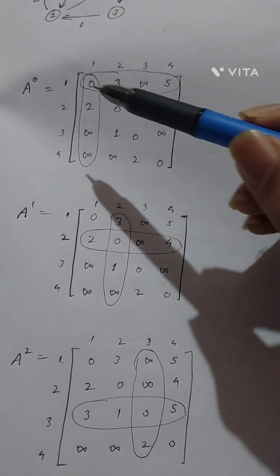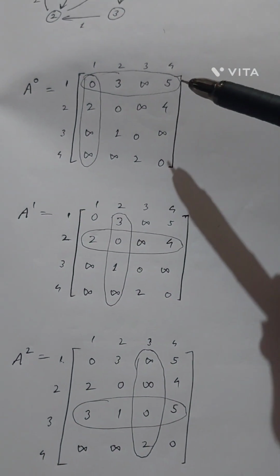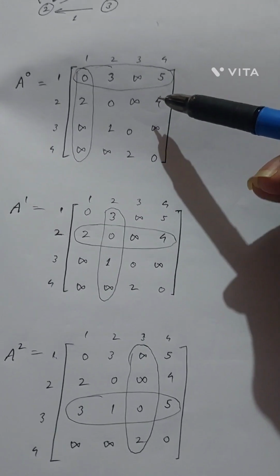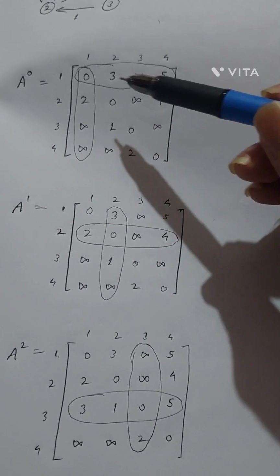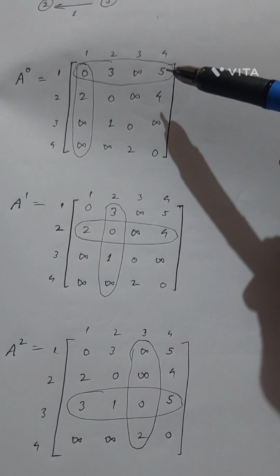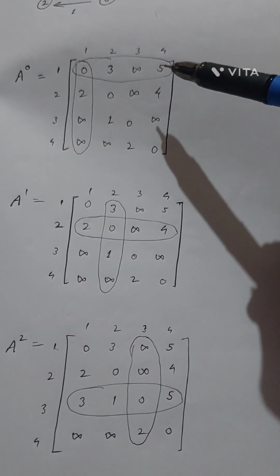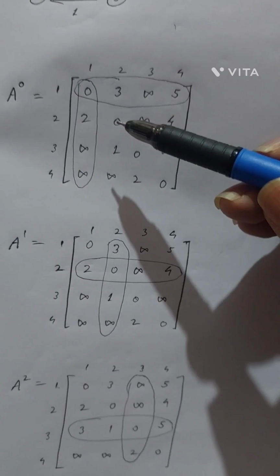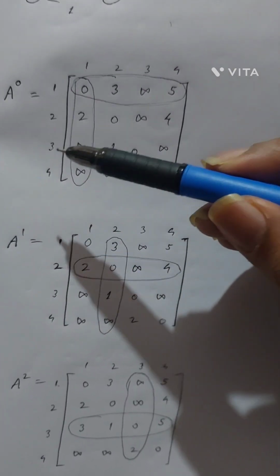Now let us look at 2, 4. We consider the minimum of this entry, which is 4, and 2 plus 5, which is 7. So the minimum of 4 and 7 is 4. So we write 4 here. Similarly, we now consider 3, 2.